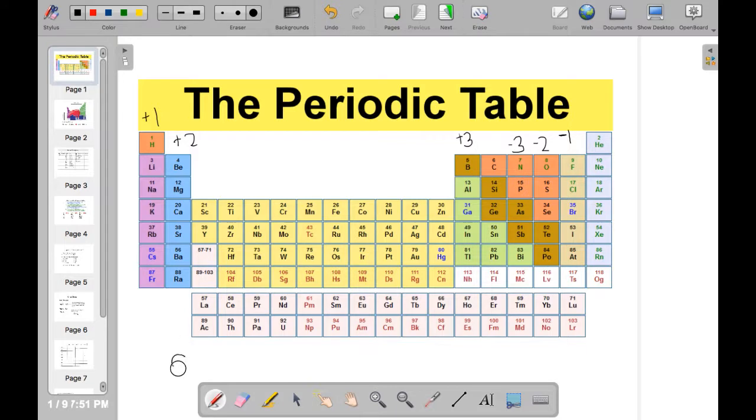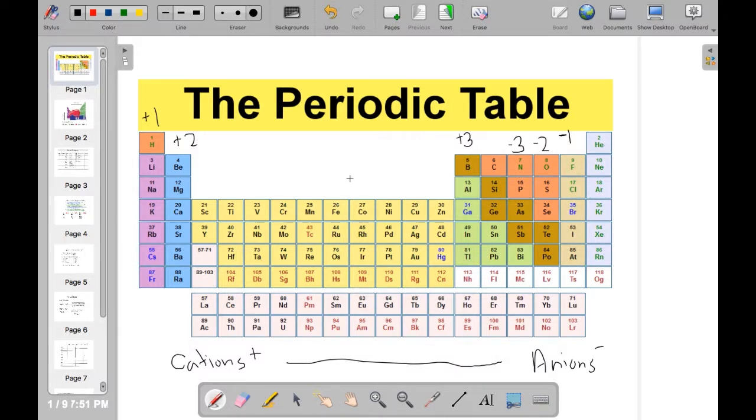So these will form cations. Cations are simply atoms that lose electrons and have a positive charge. These will form anions, which gain electrons and have a negative charge. Cations and anions will bond together through an electrostatic force to make ionic compounds.